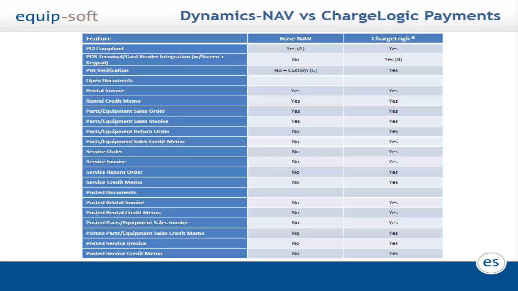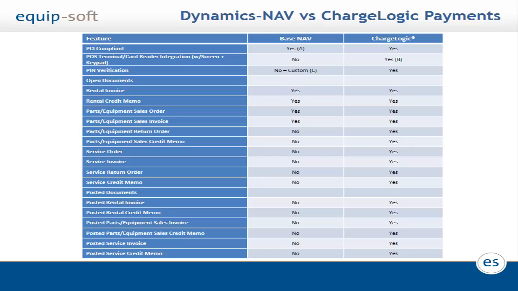It doesn't necessarily mean they're promising that base-NAV has PCI compliancy, whereas ChargeLogic can attest that it is PCI compliant. Another key point is that ChargeLogic will work with POS terminal and card reader integration. So if you have existing dongles or credit card readers, or if you want to buy separate hardware with a screen display, you're also able to do that.